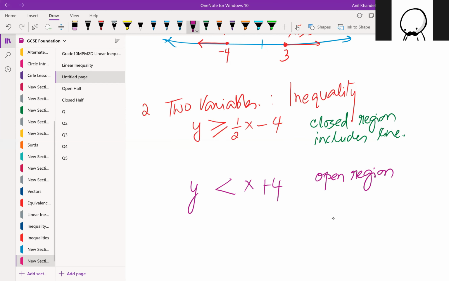Less than means below the line, line not included. In this case, closed region means include the line, and because of greater than, above the line.